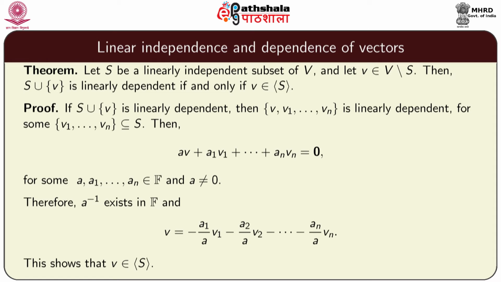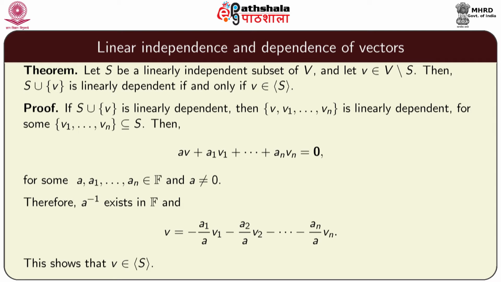Therefore, it would force all the a1, a2 etc. up to an to be 0, which of course does not show linear dependence of the set v, v1 etc. up to vn. Therefore, we must have that the scalar a must be non-zero.